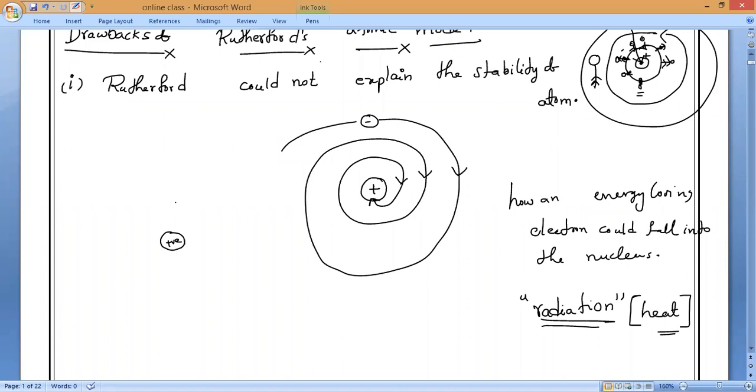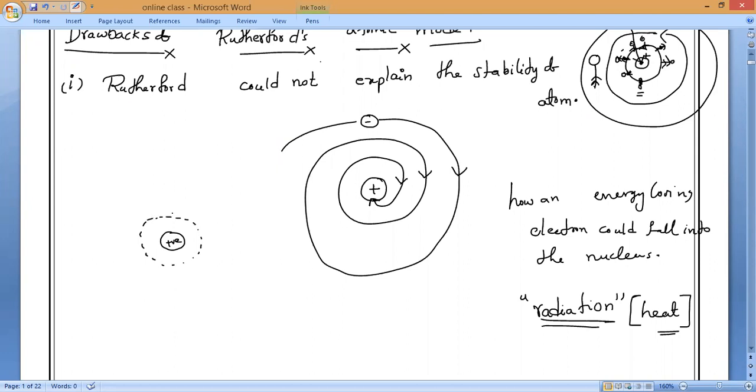And he said, regarding the revolution of electrons in the orbits, that they are not stationary. You have written the point in the Rutherford atomic model. He said that electrons are revolving around the nucleus.